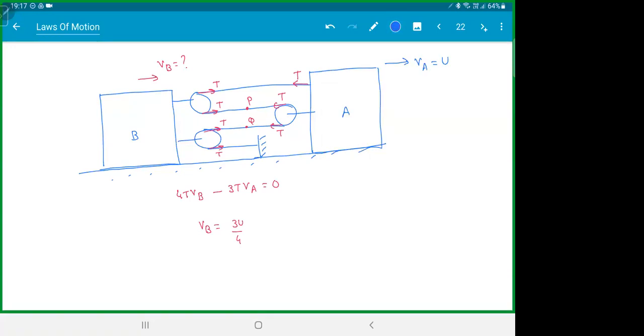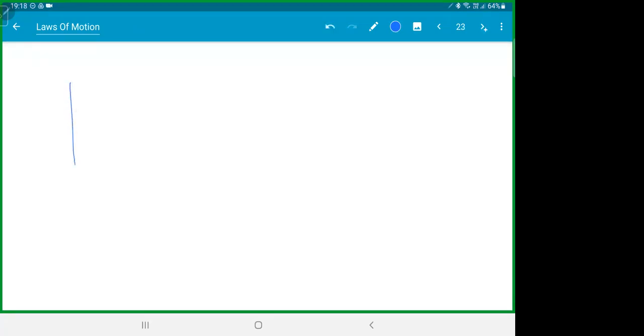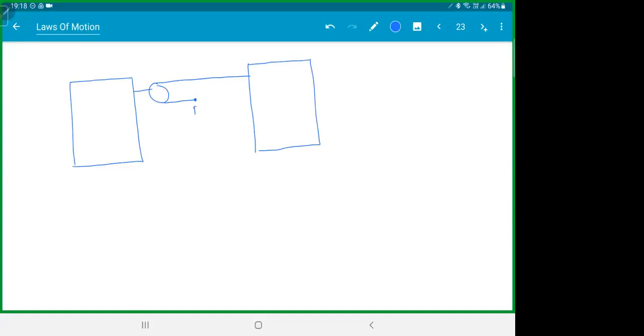The problem, whenever you want to find velocity in the middle of the string, like P and Q, the logic that we have to use is, understand what is the whole method that we are using. We are saying the power transmitted in a string is 0. So don't take the full string, just take the part where you want to find the velocity. So this is what I meant. Cut it here.